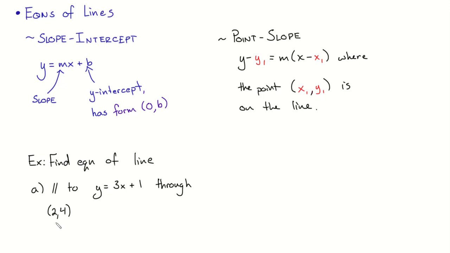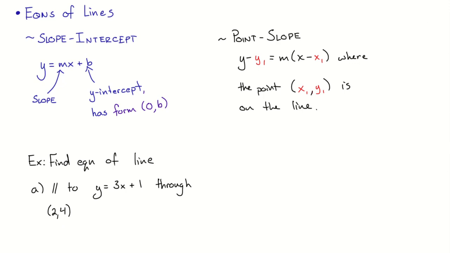Now, whether you can graph it or not isn't really a huge focus, but if you don't remember how to graph, this is a nice review. I'm trying to find a line that goes through this point at 2, 4, right here, that's exactly parallel to it. So whatever the equation of roughly this purple line is, that's what we're after. Now, to do this, we're going to work it out.